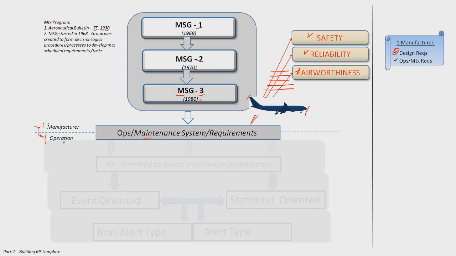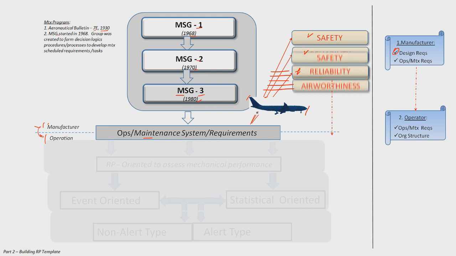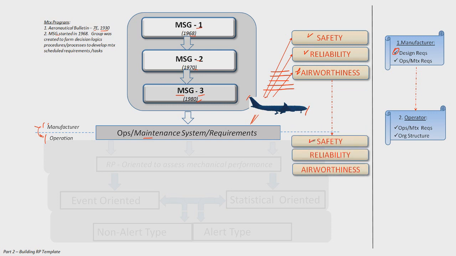When all these operation/maintenance requirements are ready, the manufacturer delivers this information with the aircraft to the operator. Now, after all papers are signed and the product and documents are delivered, it is the operator's responsibility to maintain in real life the product, our aircraft, at the minimum designed level of safety, reliability, and airworthiness. It is the operator's responsibility.